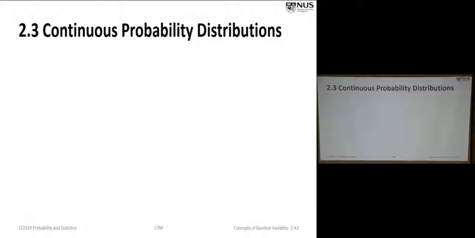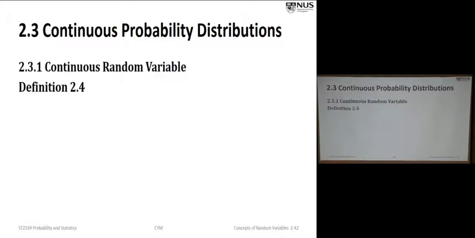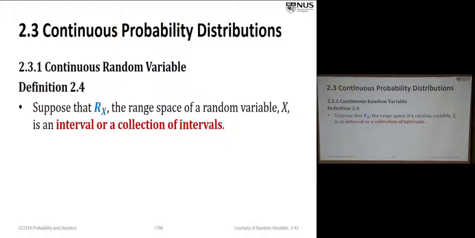All right, so now we move on to talk about continuous probability distributions. So, of course, it's continuous, so it must be different from the discrete. So what is it? Suppose the range space is either an interval or a collection of intervals.